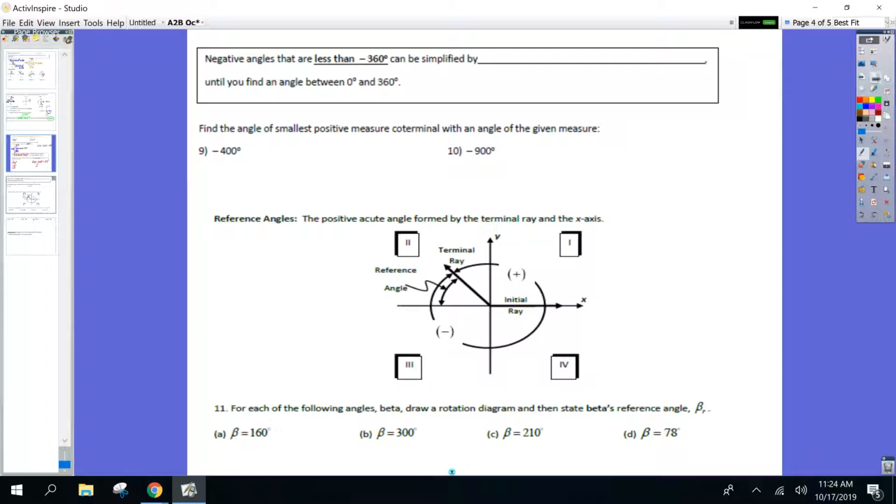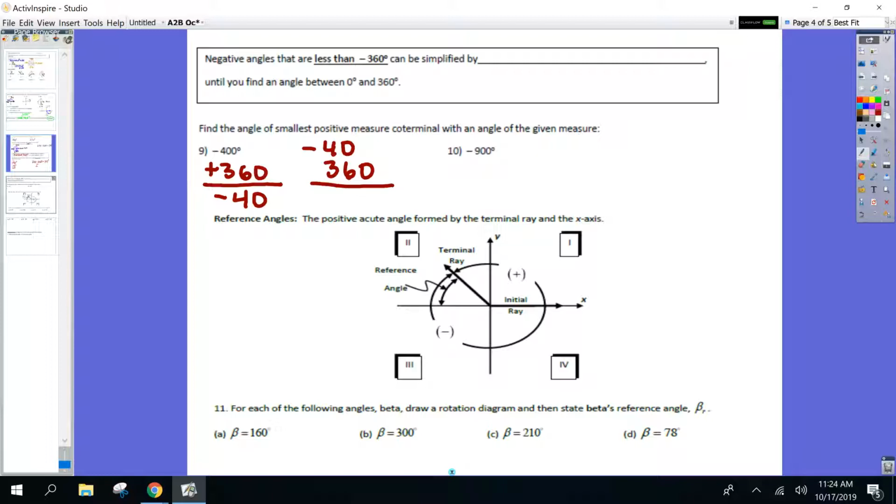What do you think I do to get a positive angle out of that? Negative 400. What do you think I do? Add what? Okay, if I do that, what's going to happen here? I still get negative 40, but it says smallest positive, so keep adding another 360.